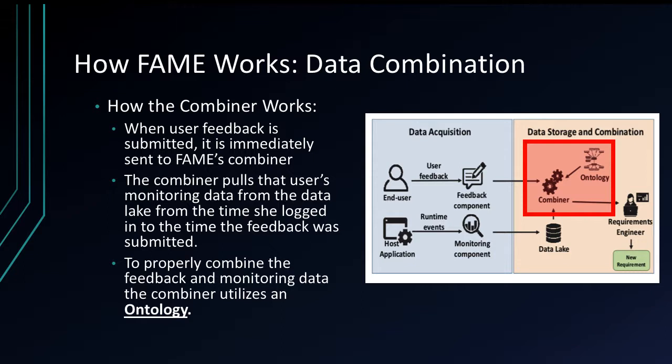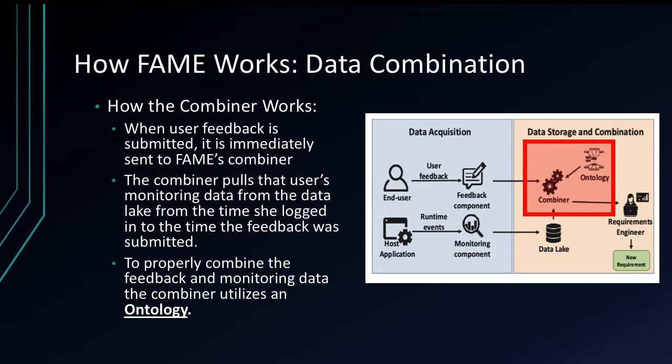When a user submits feedback, that feedback is immediately sent to a combiner, which pulls that same user's monitoring data from the data lake. This monitoring data includes all of that user's activity from the time she logged into the system to the time the feedback was submitted. And it's this combination that allows a requirements engineer to see exactly what the user had been doing in the software prior to leaving a comment.